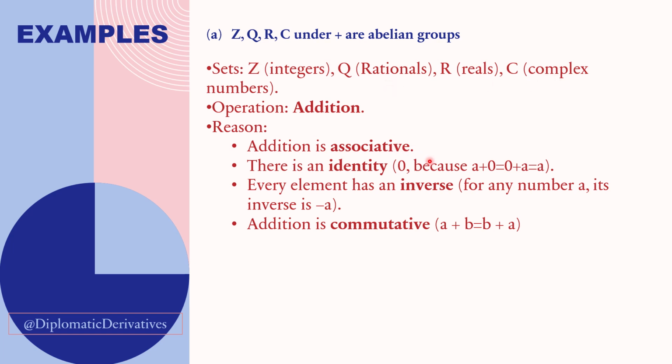So 0 exists. Every element has an inverse: since the operation is addition, and we take an element A, its inverse has to be minus A, right? And it's true for all the sets. Therefore, we have proven that these sets are groups. The 5th axiom allows us to prove that they are commutative as well: A plus B is equal to B plus A. So 2 plus 3 is 5, and 3 plus 2 is 5.